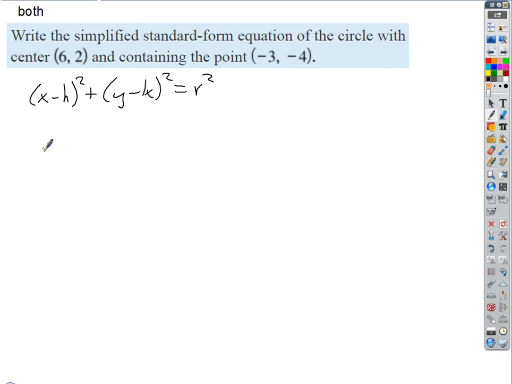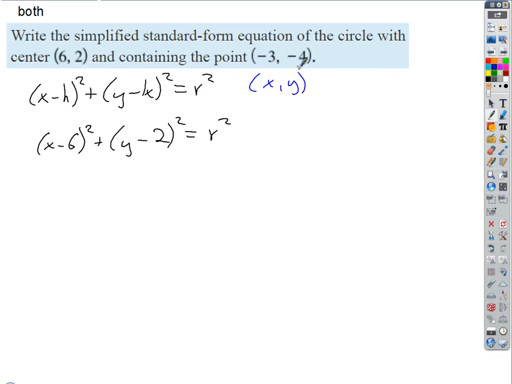So we know that we'd end up with x minus h, which is 6 squared, plus y minus k, which is 2 squared, equals r squared. So we know h and k, but we don't know r. We've got to find r by plugging in a solution. Well, we're told that this is a point on the circle, so that's a value of x and y that should work in our equation.